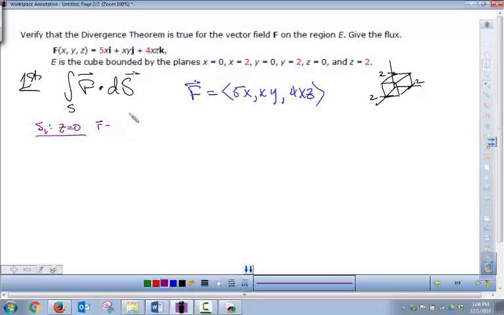Let me get this written up properly for the first couple at least, and then we'll try to simplify things. So the parameterization will be x, y, 0.